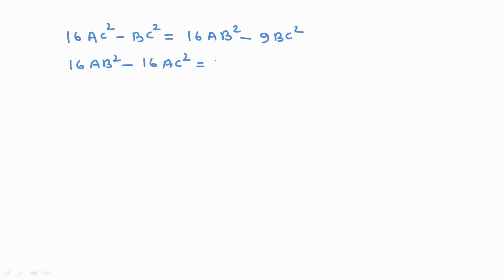So 16 AB square minus 16 AC square is equal to minus 9 BC square, or 9 BC square transfer into left side.